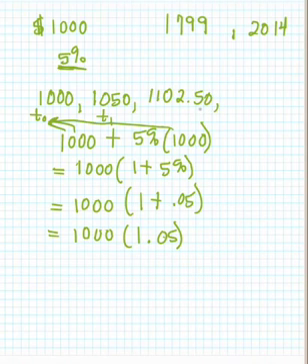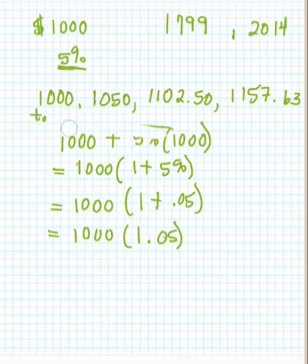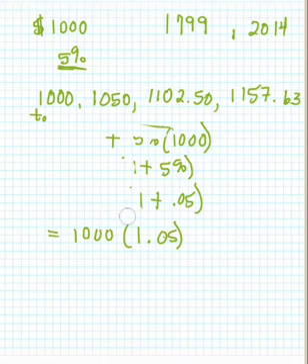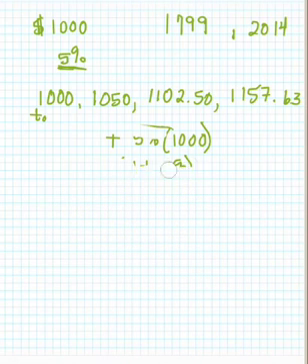Then we multiply that by 1.05 again, and it's 1802, the Lewis and Clark expedition. He's already got about that much money, etc.